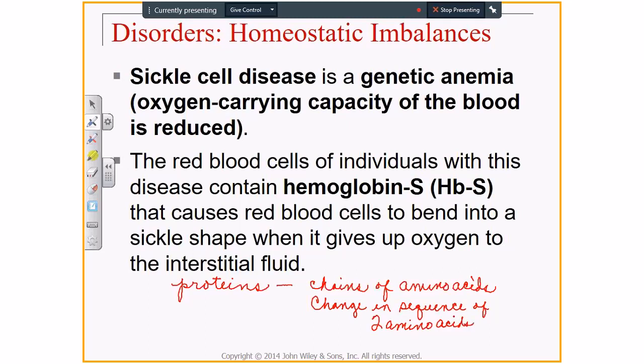If you remember back to last semester when we were talking about the organic compounds for life, one of the things that we talked about when we were looking at proteins is that if you change the sequence of amino acids in your protein, you change the shape of your protein, and therefore you also alter the function of that protein.